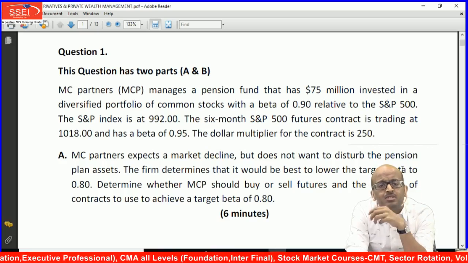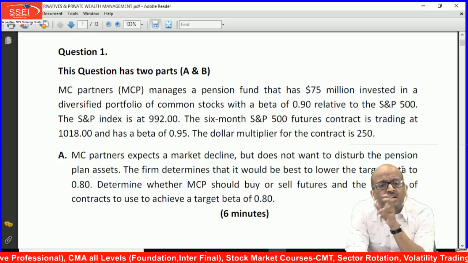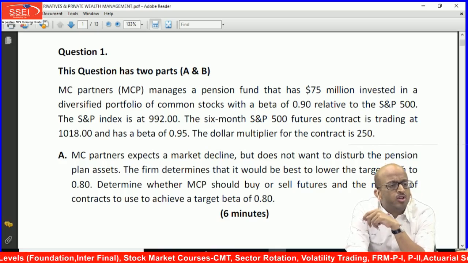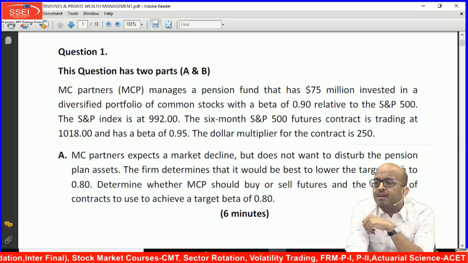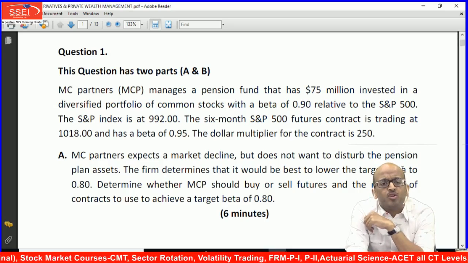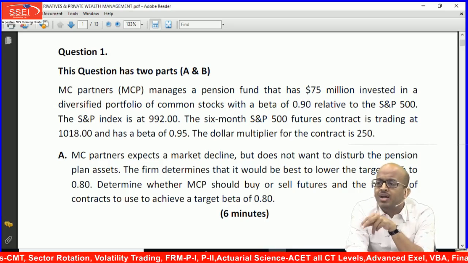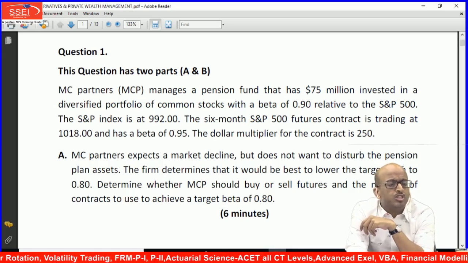The formula becomes VP into beta P divided by F into M, where VP is the value of the portfolio. The value of the portfolio was 75 million and the beta of the portfolio was 0.9, so 75 into 0.9 divided by, what was the futures price?